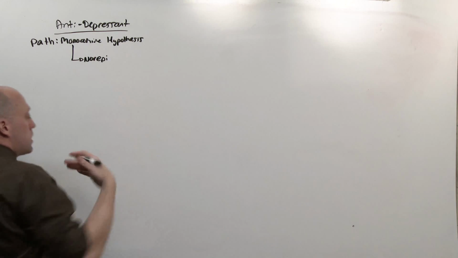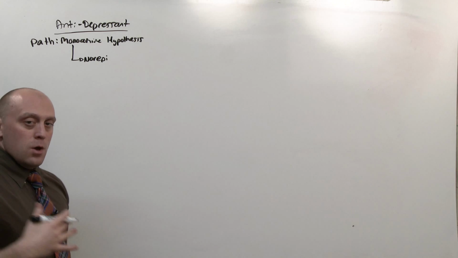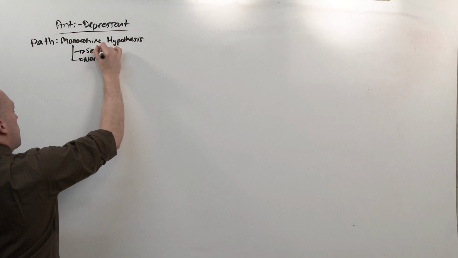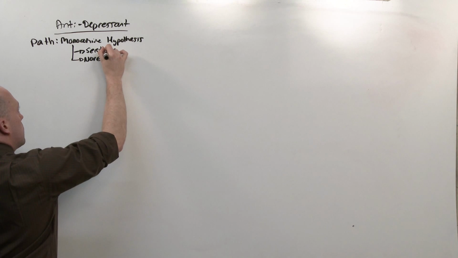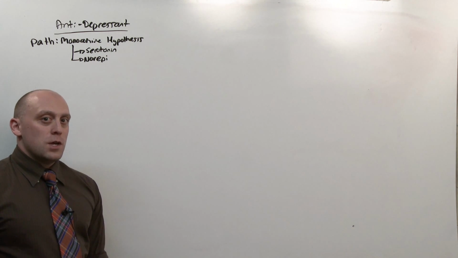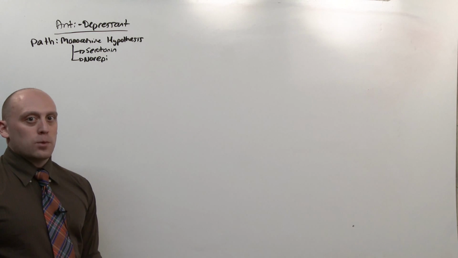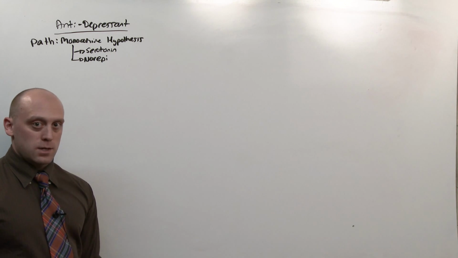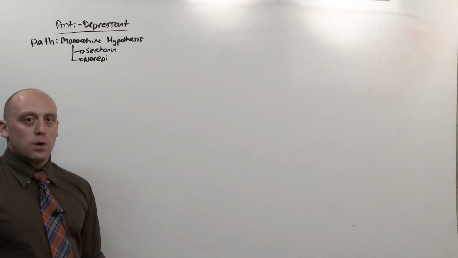And so the early medications went after norepi. We then realized that we should be focusing primarily on serotonin. And so we made serotonin selective medications. Then we realized, oh hey, it's probably not just one or the other, we should probably combine them, and the most recent medications are those that combine them both.